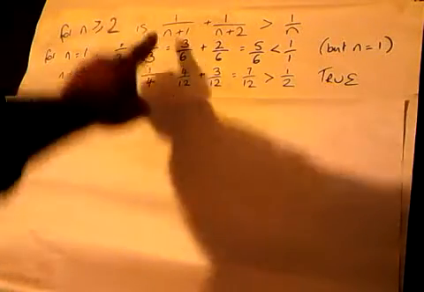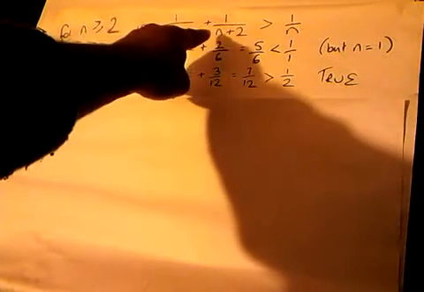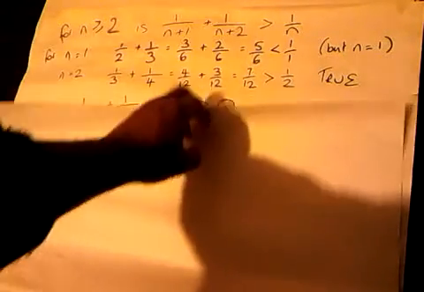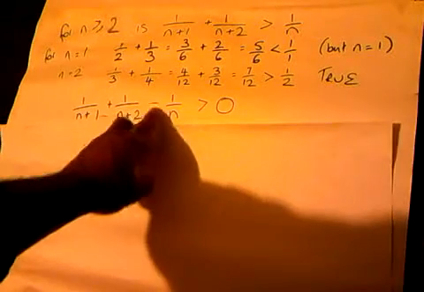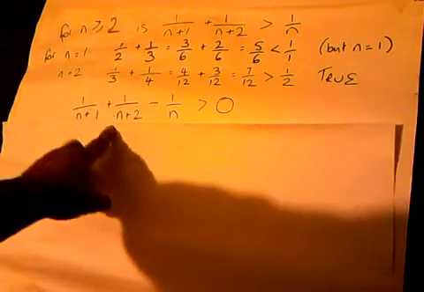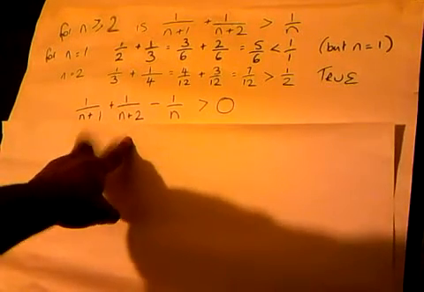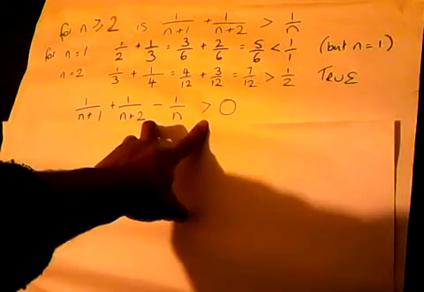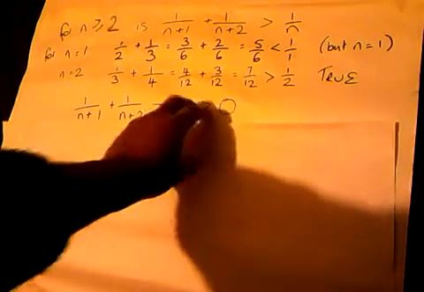Okay. Now, 1 over n plus 1 plus 1 over n plus 2 greater than 1 over n is the same as saying that this take away this is greater than 0. So that's what I've written down: 1 over n plus 1 plus 1 over n plus 2, take away 1 over n, is greater than 0.